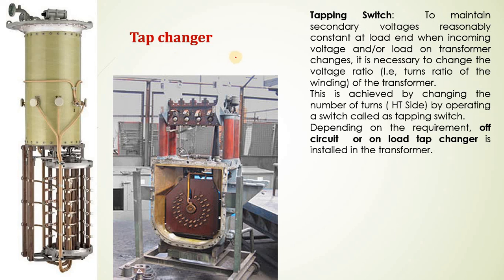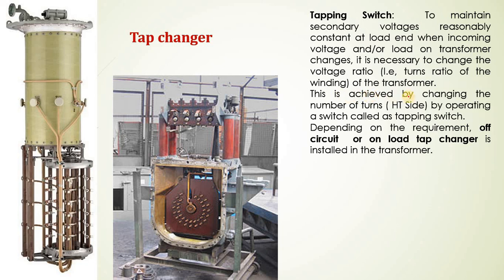Then next is the tap changer. The tap changer is the tapping switch to maintain the secondary voltage reasonably constant at the load end when the incoming voltage or load on the transformer changes. It is necessary to change the voltage ratio, that is, the turns ratio of the winding of the transformer.